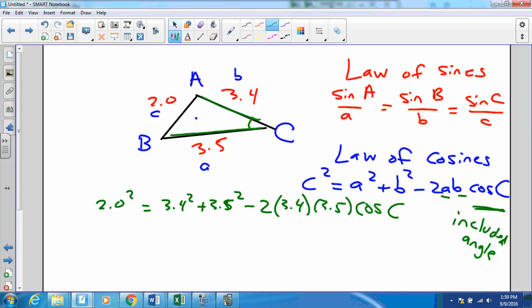And now it's just a matter of doing the computation to get cosine of C. Did anybody do that? So? Okay, yep.